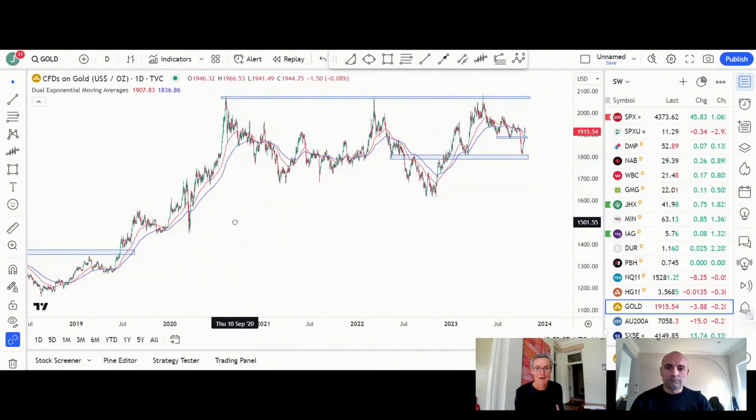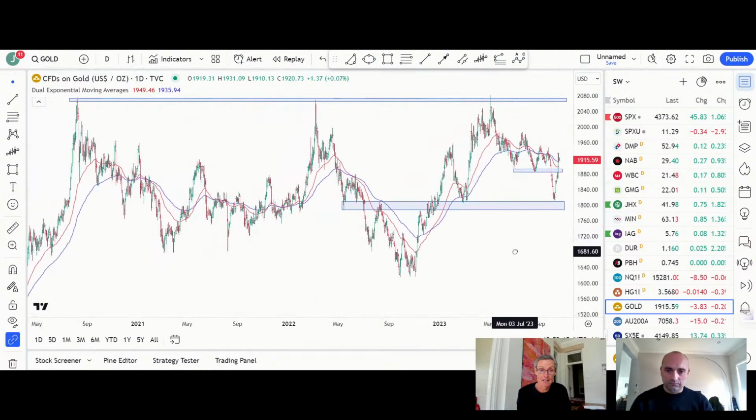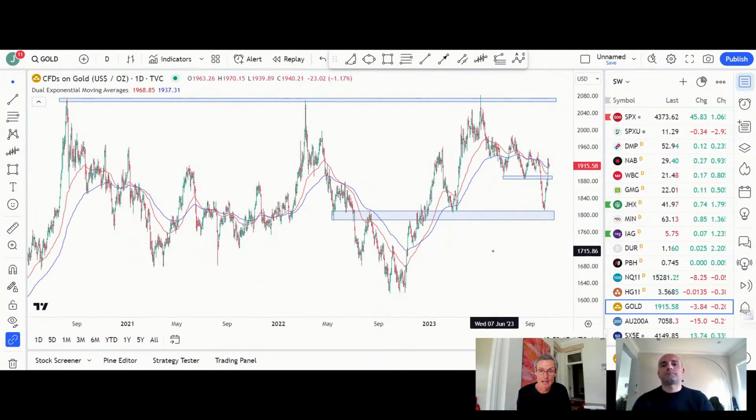Interesting situation now. Move it forward to present day, and we've got a triple top in gold. And this is one of the things I spoke about in real time on my strategy sessions, as gold was approaching what was then a double top. I was saying, look, not an asymmetric entry point, because we're just nearing double top resistance.